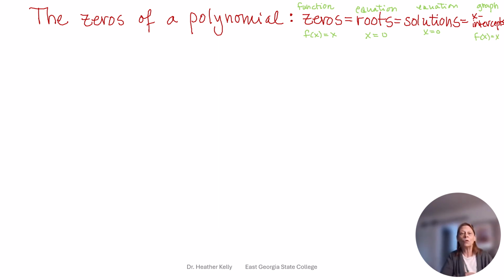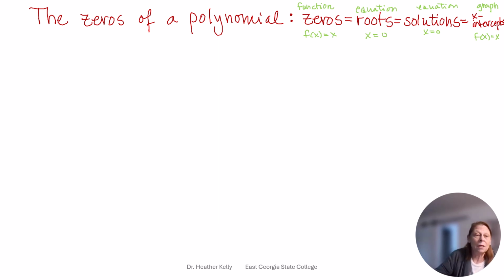Okay, so know that these all mean the exact same thing. And another thing I could throw in there is factors. Okay, so zeros of the polynomial happen, and there's a lot of different ways to talk about them.